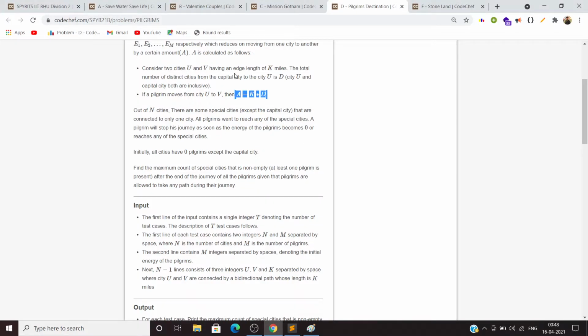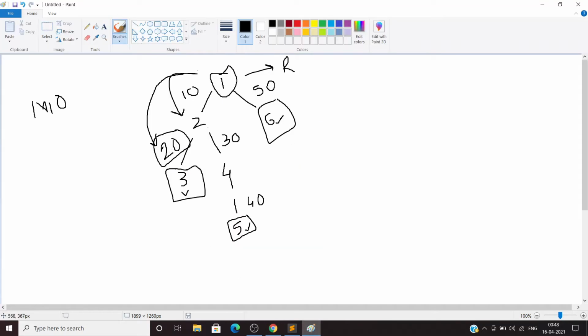D is just the total number of distinct cities from the capital city to the city u. So distinct cities, that means this and this. So the total distinct cities is 2. So 2 into 20, this is length. So this sum will be 50. So the energy required to go to city 3 is 50, and for this it will be 190. So you will calculate it, and for this it will be 50.